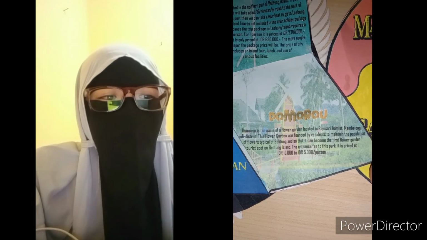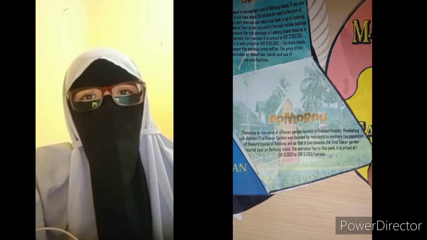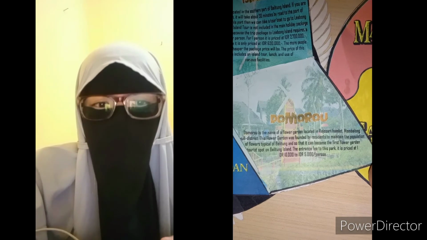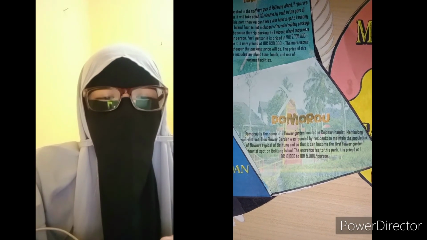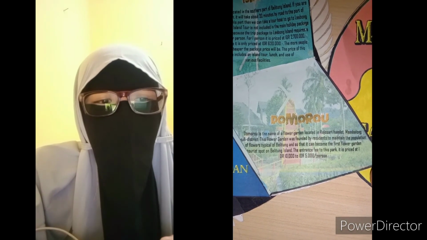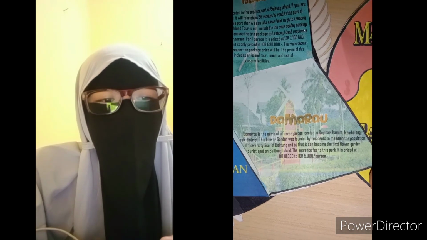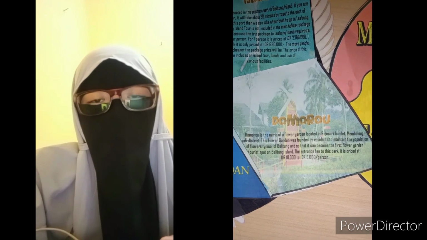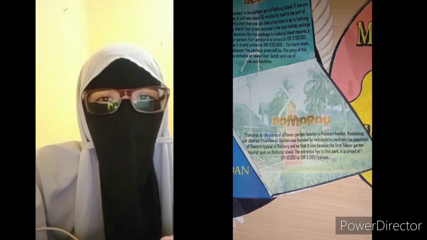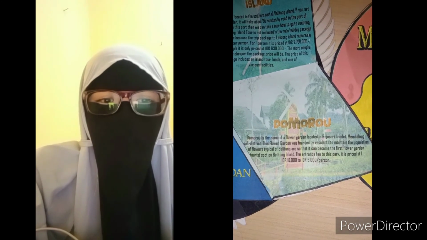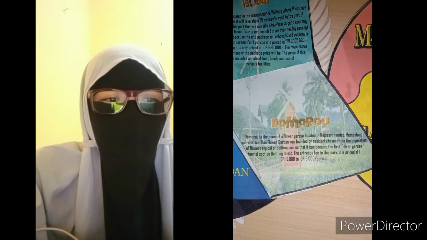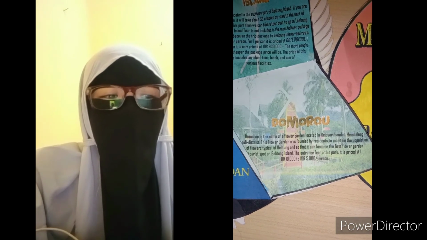They wanted to maintain the population of flowers typical of Belitung, so that it can become the first flower garden tourist spot on Belitung Island. And the fee for this park is priced at 10,000 to 15,000 rupiah per person.